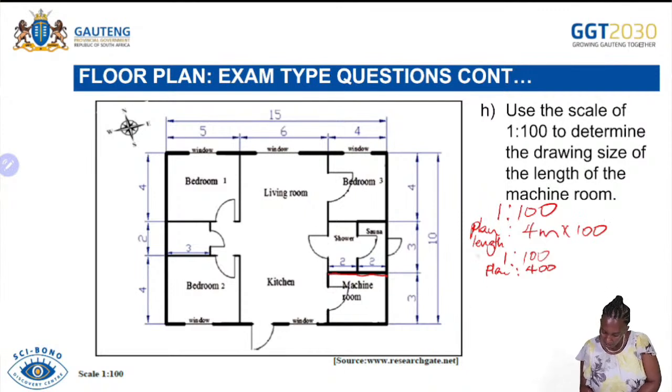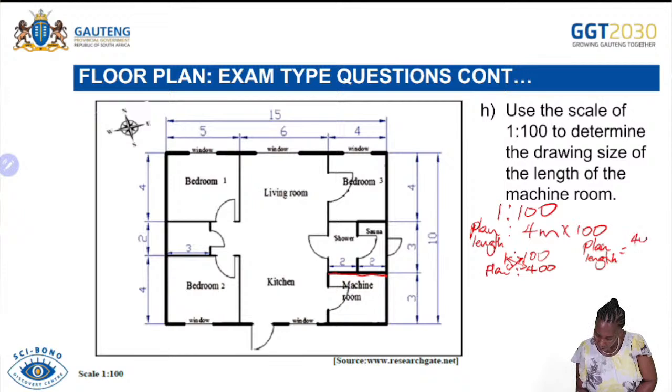So now if we are to get the length of the plane, we are quickly going to do our cross multiplication. With our cross multiplication, the plane length will be 400 divided by 100. That will give us 4 centimeters.